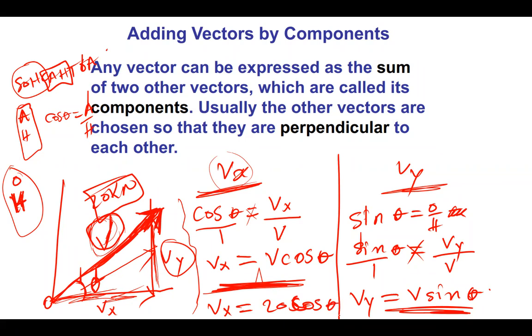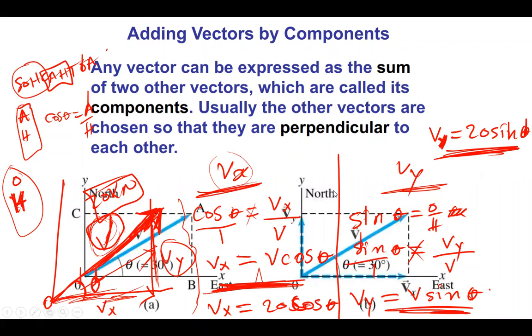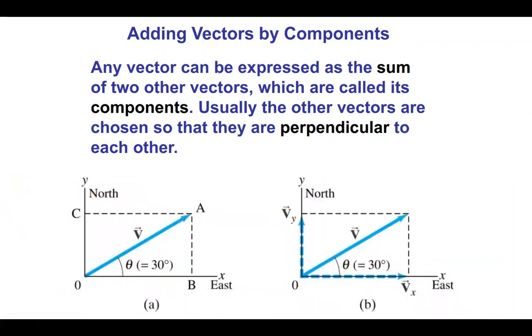And then in the y, you are going to say Vy is equal to 20 sine theta. This is exactly how you find the components of any vector. It's very simple. You don't even have to take time to think about how you're going to solve such a problem.